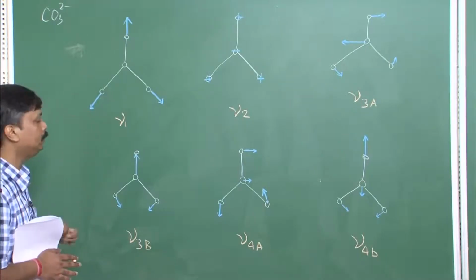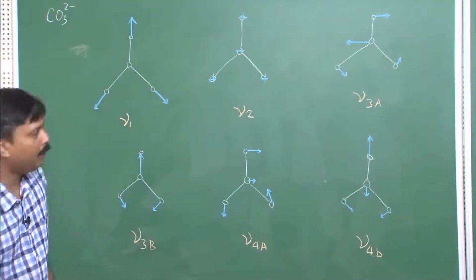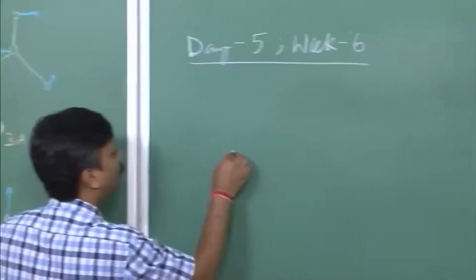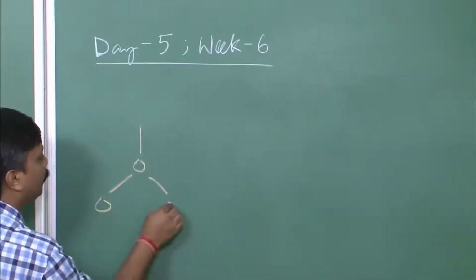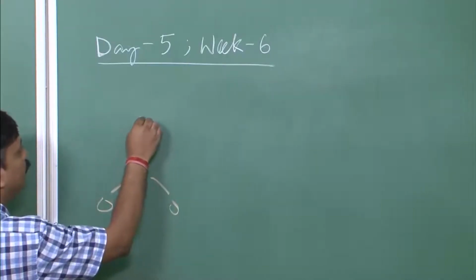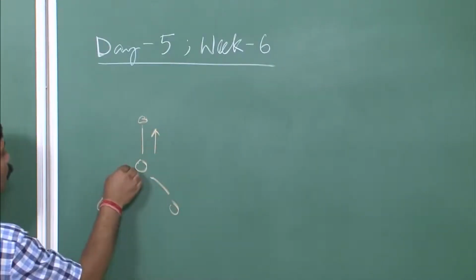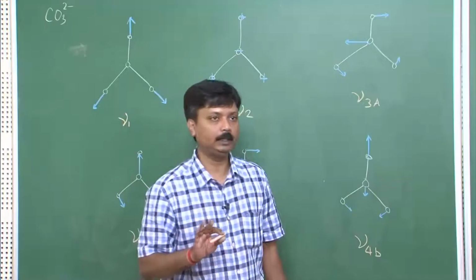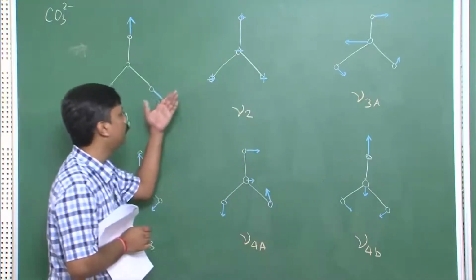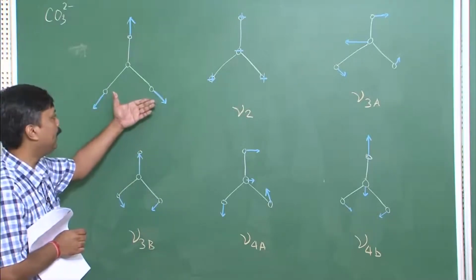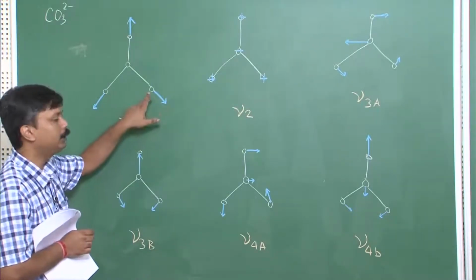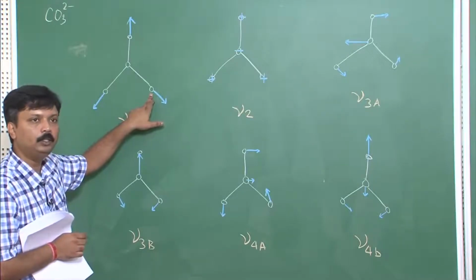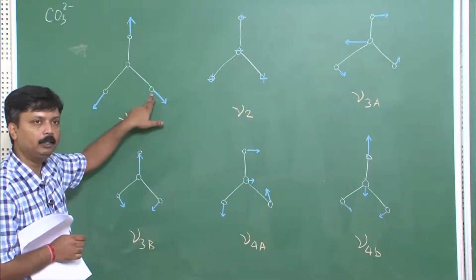In many cases, you will find that people write the motion in a way like this, or this, or this. This is completely a wrong way of representation. So, when you want to present the normal mode, you exactly have to do it this way: start on that particular atom and then put the arrow in the direction in which it is executing the motion.